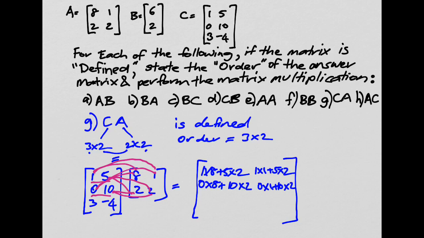And lastly, working with the third row, we've got 3 times 8 minus 4 times 2. And then we've got 3 times 1 minus 4 times 2.